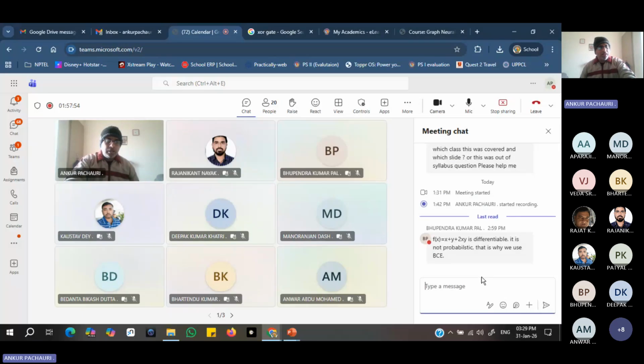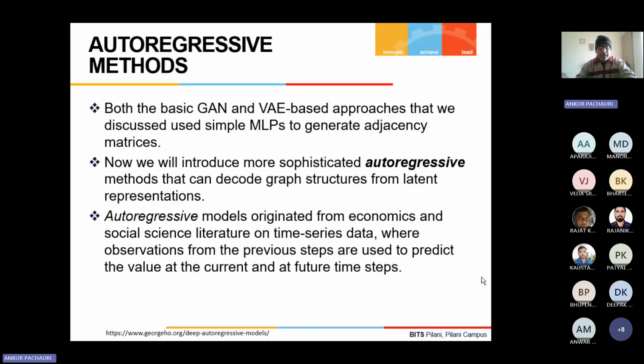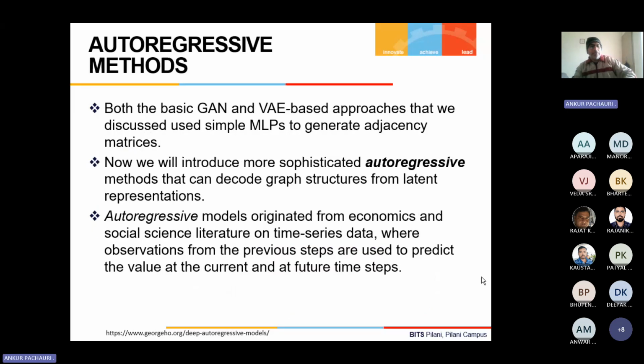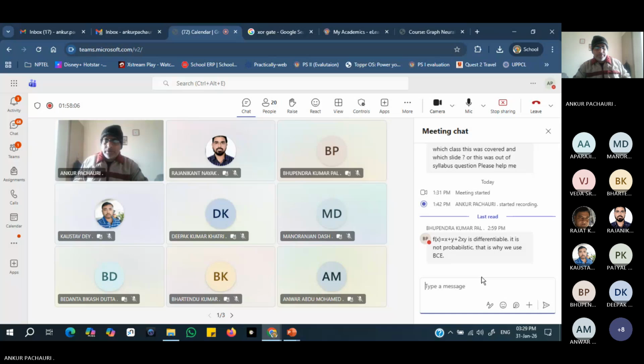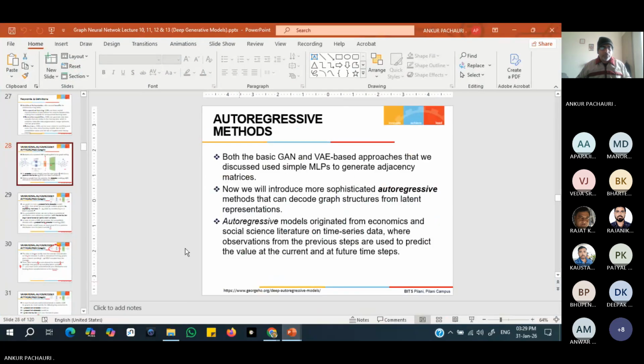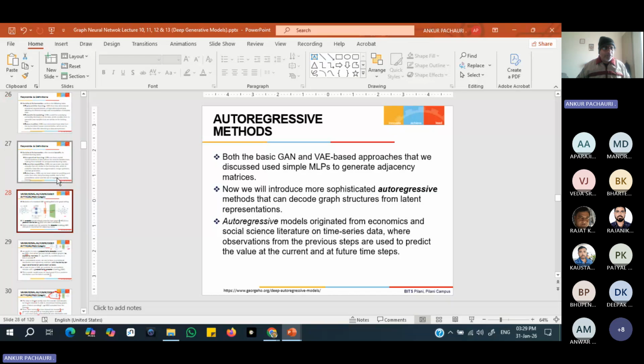Do I have time? Hardly 10 minutes. Will I be able to finish it? How many slides will I have to cover in this module? Based on that, it will help me know where I am. Autoregressive, only 28?